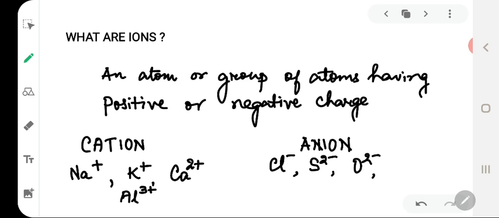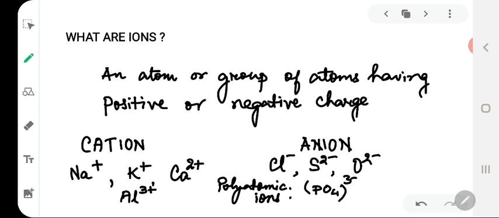Now, ions formed from a group of atoms and carrying either positive or negative charges are known as polyatomic ions. So, I will also give you some examples of polyatomic ions. PO4 3-, this is the phosphate ion.